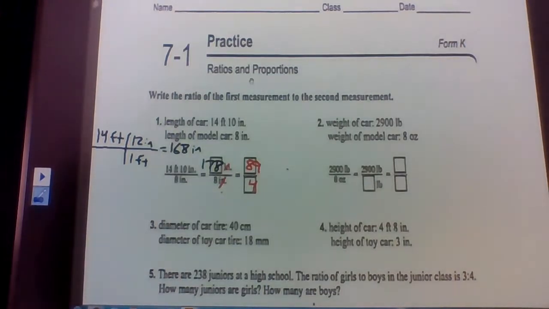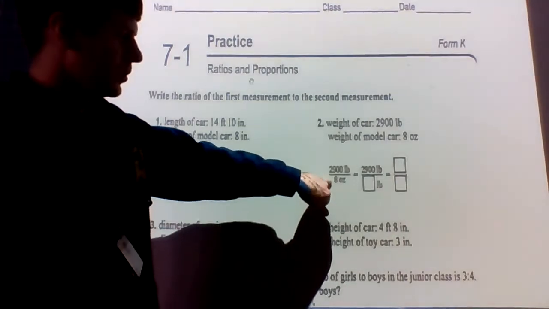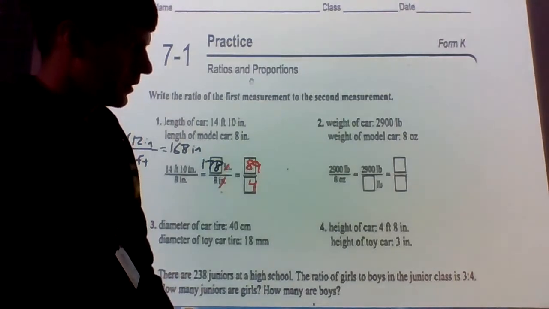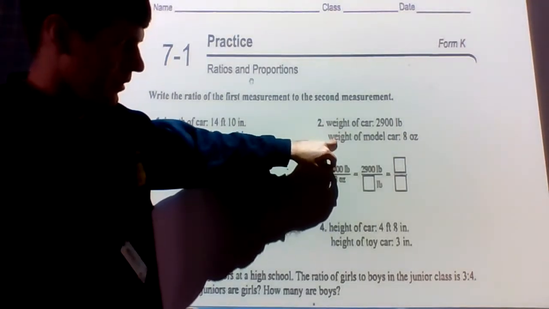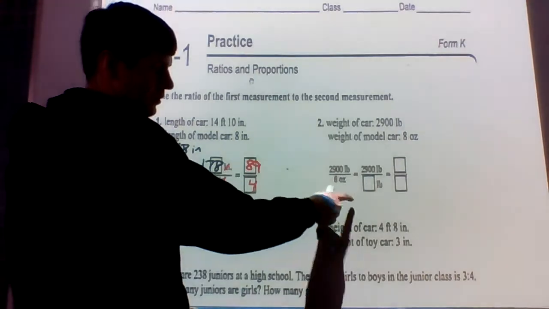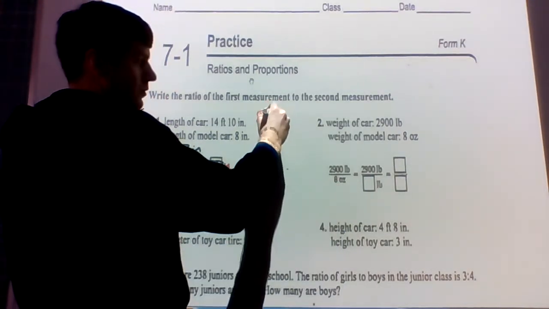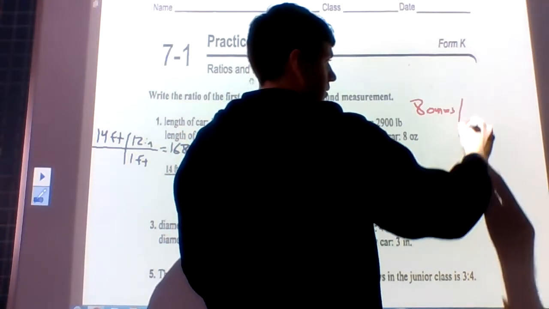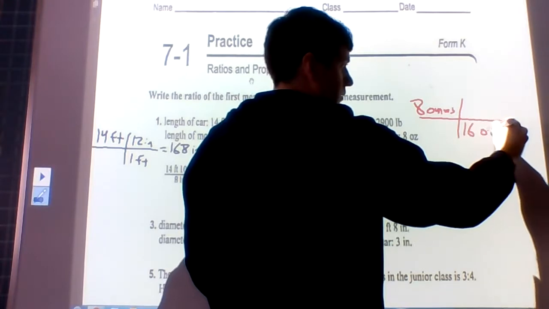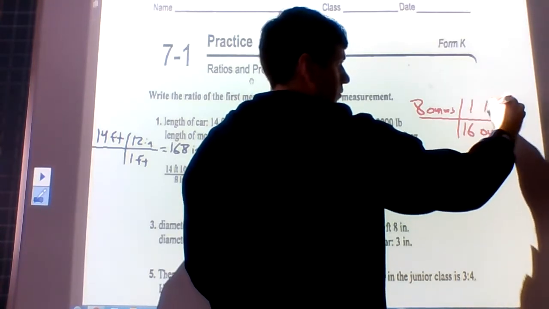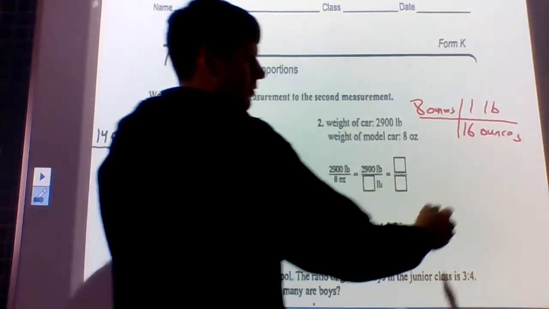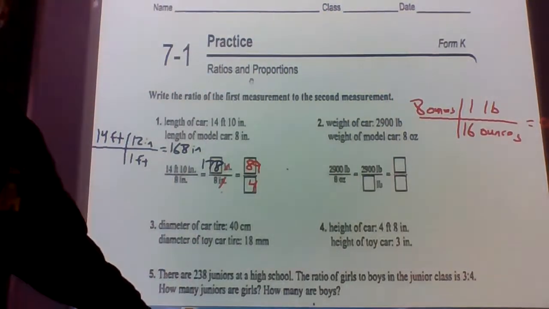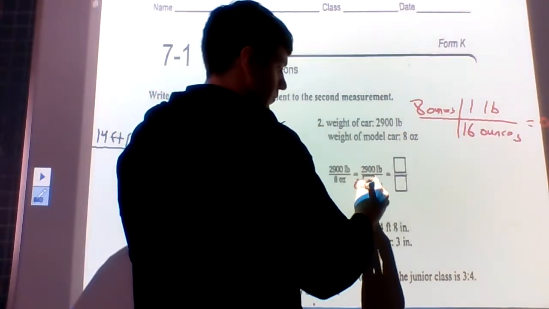Okay, there are 16 ounces in a pound, so we need to convert this to pounds. We're comparing the weight of the car to the weight of the model of the car. So we want to get the weight of the model car in pounds. You have 8 ounces, and there are 16 ounces in a pound, so that's going to be half a pound, 0.5.